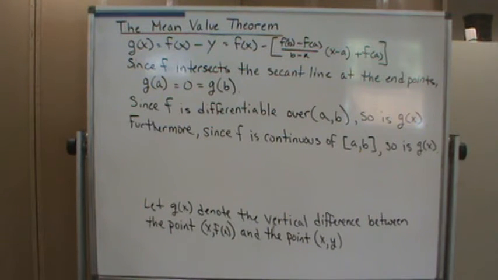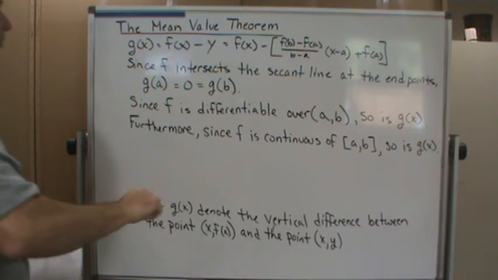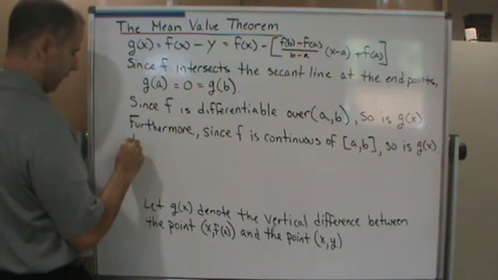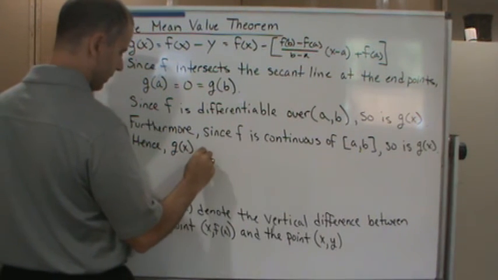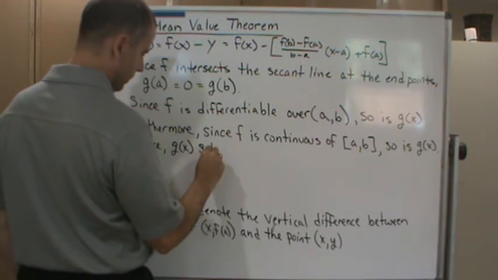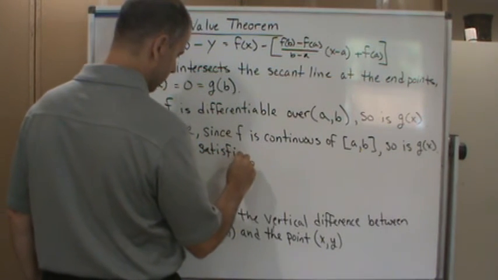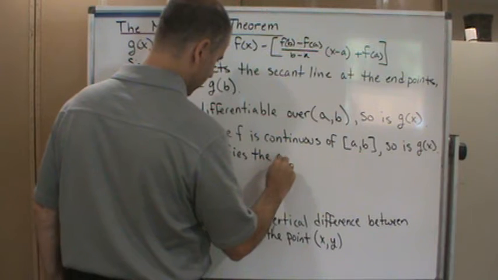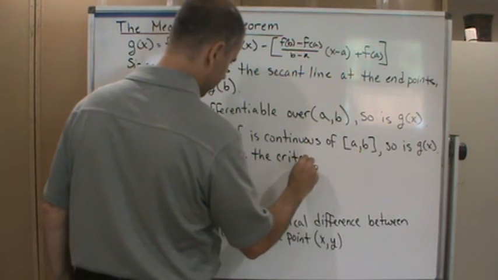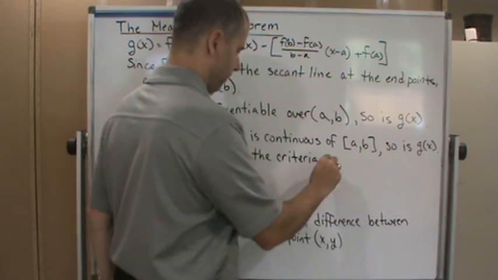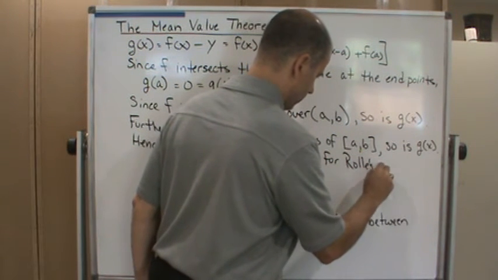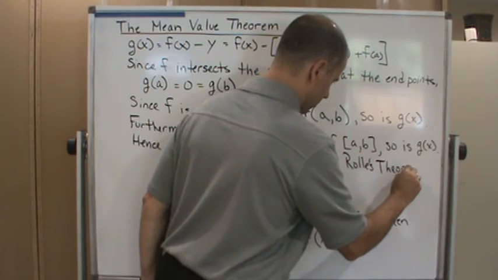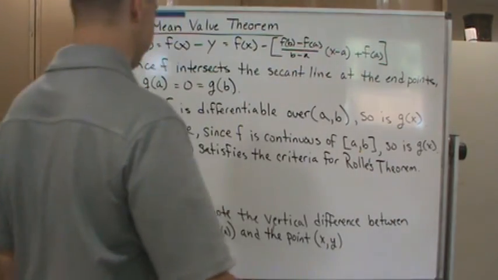So therefore, g satisfies the criteria for Rolle's theorem. Aha! So hence, g of x satisfies the criteria for Rolle's theorem.